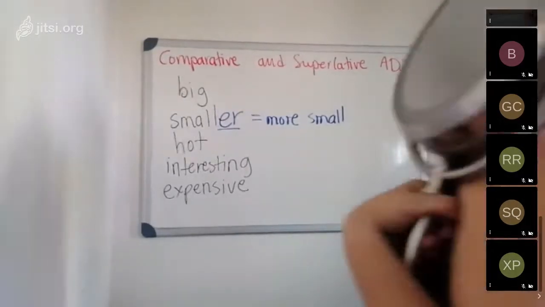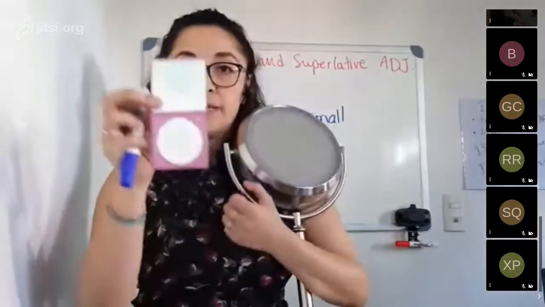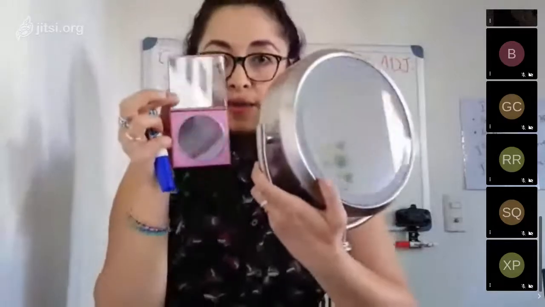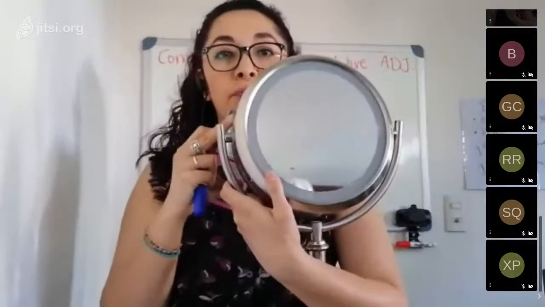What is going to happen? Look at my prompts. It's good to give class in my house. What is this in English? Do you know what they are? They are mirrors. So this mirror, the pink mirror, is small, and this other mirror is big. So this mirror is bigger.